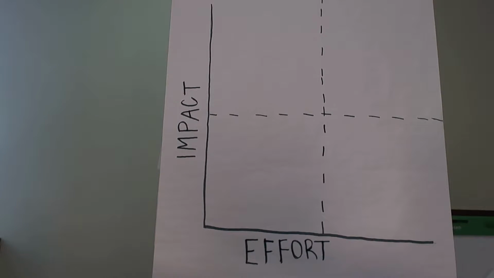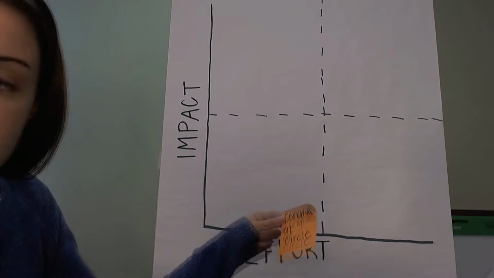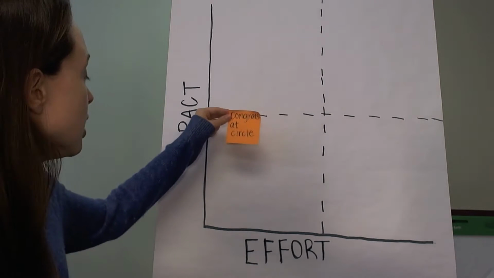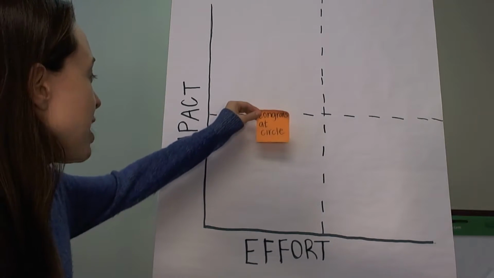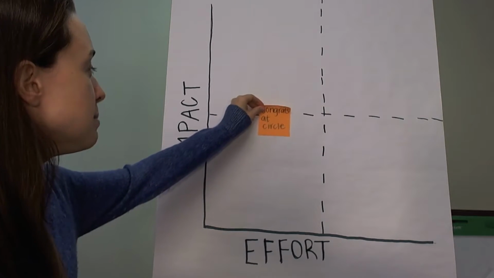So maybe one of the examples that somebody comes up with is they say, what if we congratulated at Circle every time that a child has been there for 2 weeks straight, we congratulate them. And you say, all right, so that will make the child feel pretty special, but it is still a congratulations. So we'll put that at kind of the medium impact.